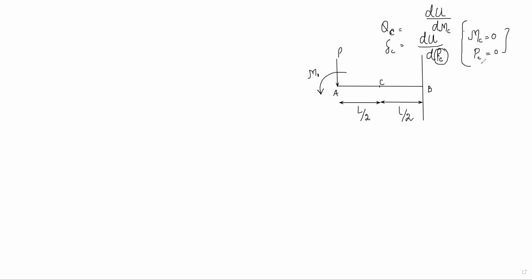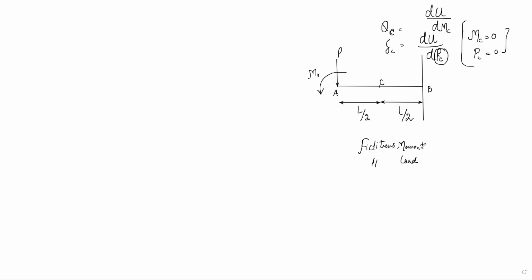So what to do? When you are asked to find the slope and deflection at points where neither a concentrated load nor a moment is acting, what you do is apply what is known as a fictitious force and a fictitious moment. Apply a fictitious moment and a fictitious load.